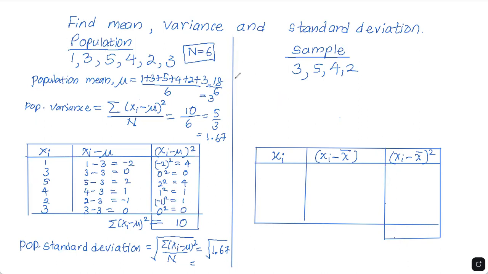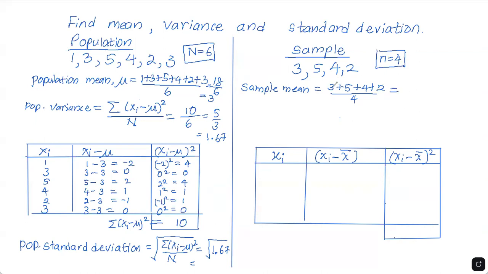So let's find the sample mean first. To do that, add all the data values, 3 plus 5 plus 4 plus 2, and divide by the sample size, which is 4. Here we use the sample size, simple n, which is 4.